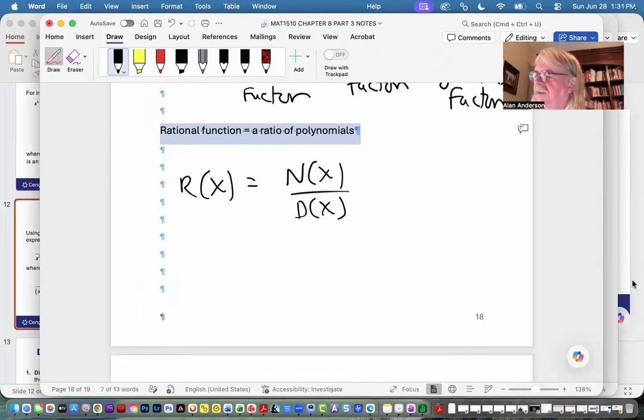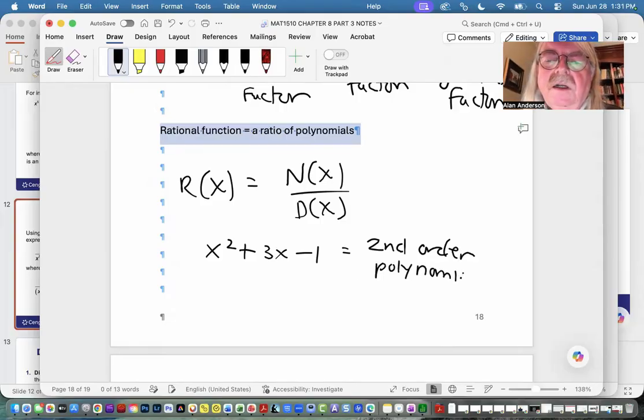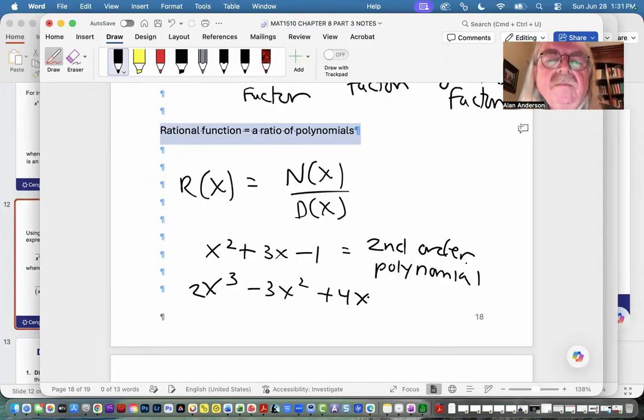So something like this is a second degree, or sometimes it's called a second order polynomial. And then you got something like this. That would be a third order or third degree polynomial.